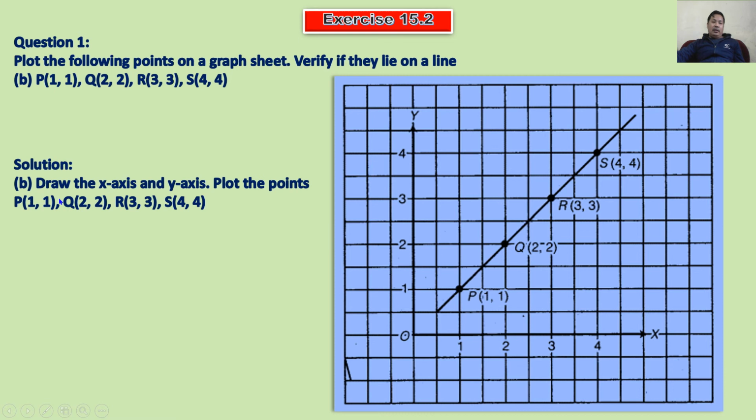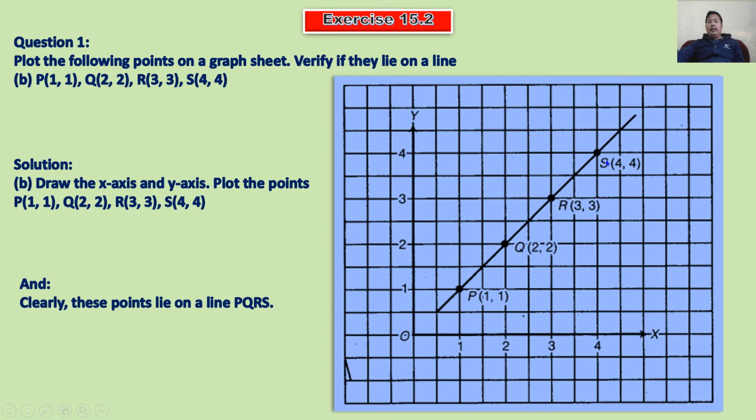The solution. In the solution, draw the x-axis and y-axis and plot these points. After plotting these points, clearly these points lie on line PQRS. That's all, this is the only thing that we have to do. Just draw the x-axis and take the points of the coordinates. P is 1 for x and 1 for y, next Q is 2 for x and 2 for y, and R is 3 for x and 3 for y, again S is 4 for x and 4 for y.